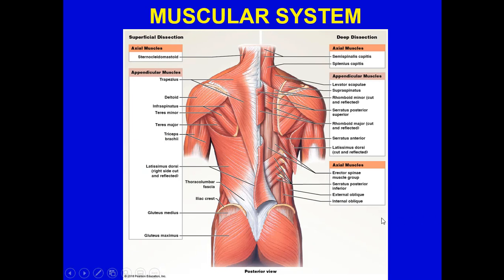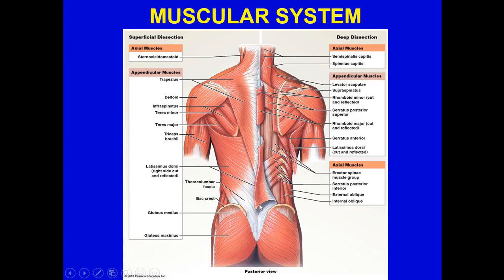Now, when you look at the posterior view, well, the appendicular muscles here, and this is now on the superficial side, you can see the trapezius, so it looks like a trapezoid, the deltoid, the infraspinatus, the teres minor, the teres major, the triceps brachii we know about here, the latissimus dorsi, which is one of the largest muscles.